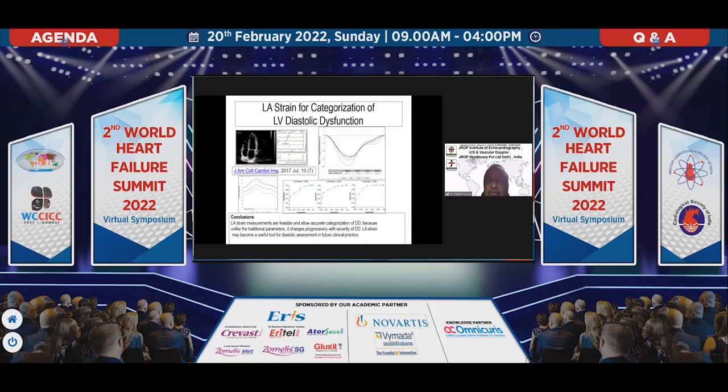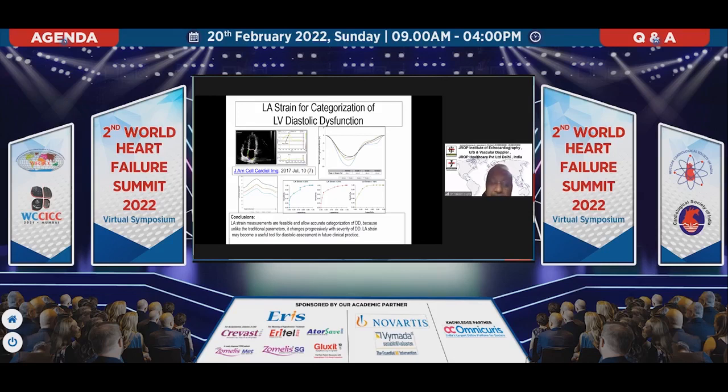Then early diagnosis of diastolic heart failure. I have put this slide deliberately. L stands for categorization of LV diastolic dysfunction. Many times people come with normal LV systolic function, but dyspnea on exertion. And I've seen many people in our practice being labeled as mild coronary artery disease. This is where their diastolic function is normal in the resting period.